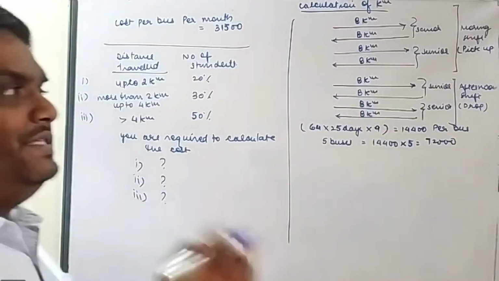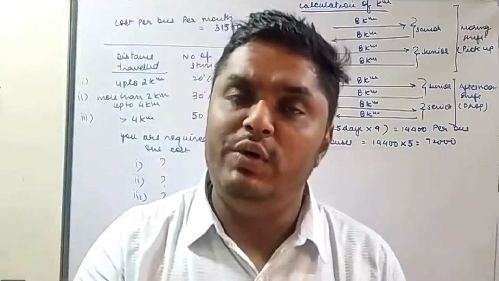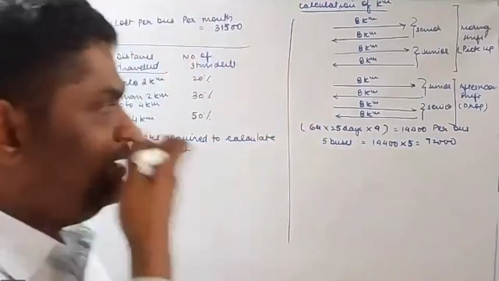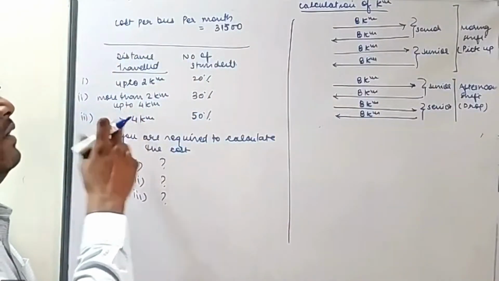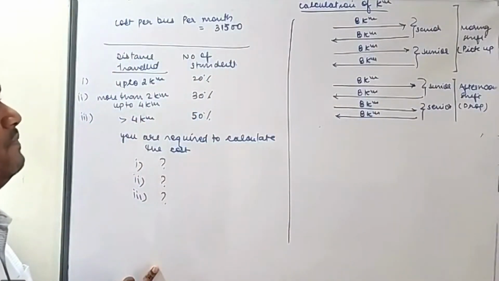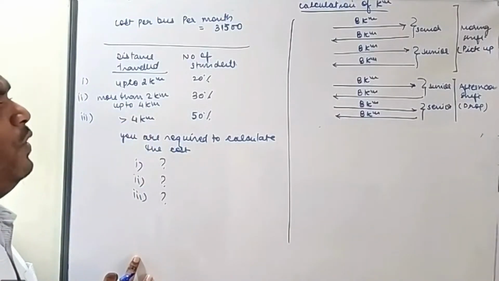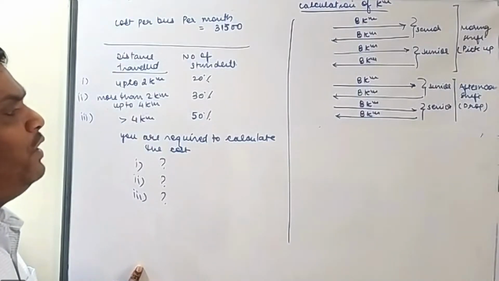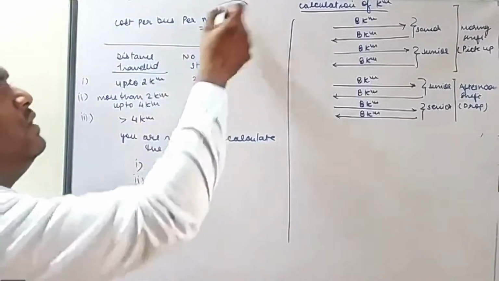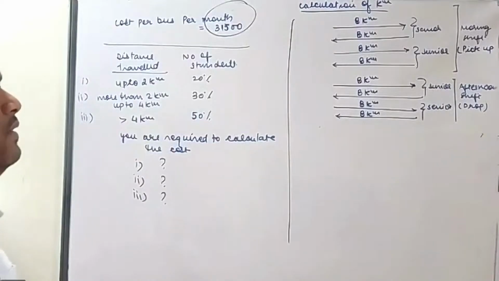Waiting for your answers. The same question. 50 students are junior, 50 students are senior. The students who have traveled more than 2 kilometers and up to 4 kilometers it is 30%. And the students who have traveled for more than 4 kilometers it is 50%. And the total cost is 31,500.